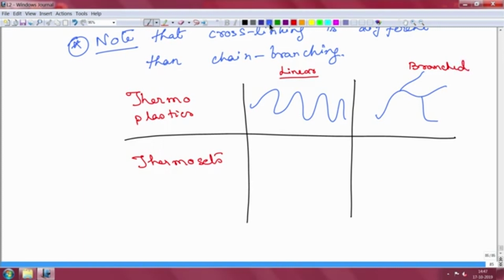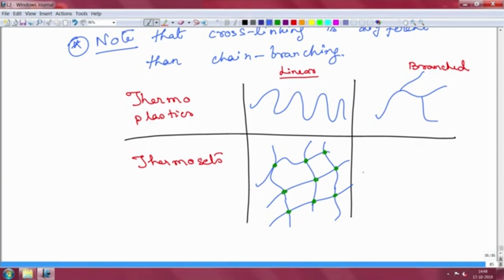But in the case of the thermosets, the moment you have these polymer molecules, you can have, these are all locations of covalent bonding. And the number of covalent bonds can be high or low, and that depends upon how you have manufactured them.